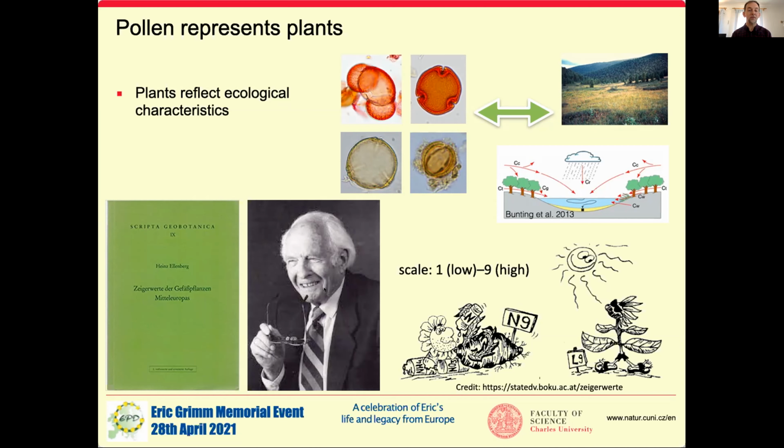And one of these pioneer works was done by Heinz Ellenberg, who already in the 70s developed those famous Zeigewerte, or Ellenberg's ecological indicators. These are expert values, and they can be used to infer, without any measurement in the field, some ecological properties of a certain plant community.